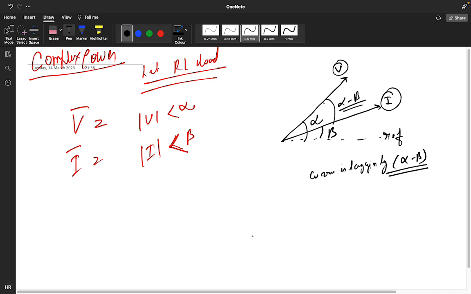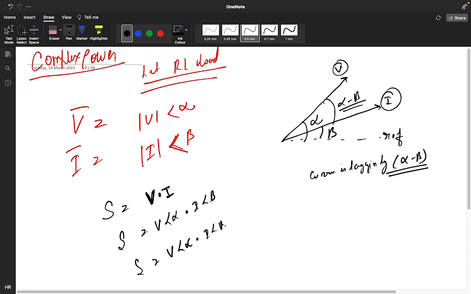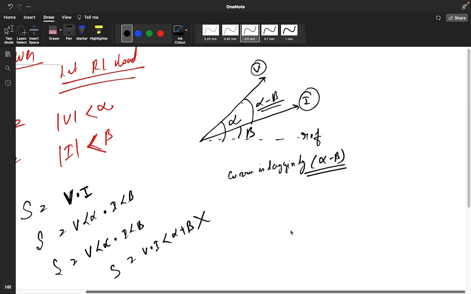So if you want to calculate S, it will be V into I. If you take the angles, V at an angle alpha into I at an angle beta, what result are you getting? V into I at an angle alpha plus beta. That is wrong.